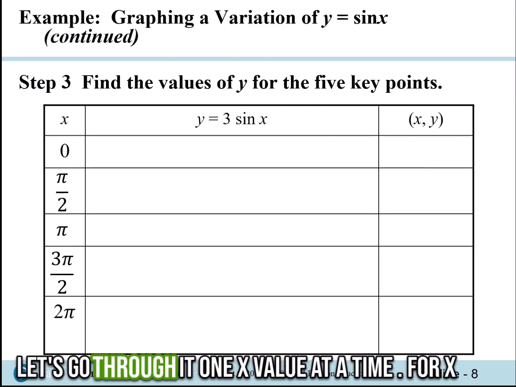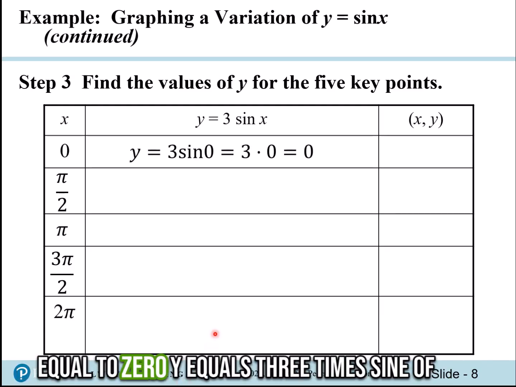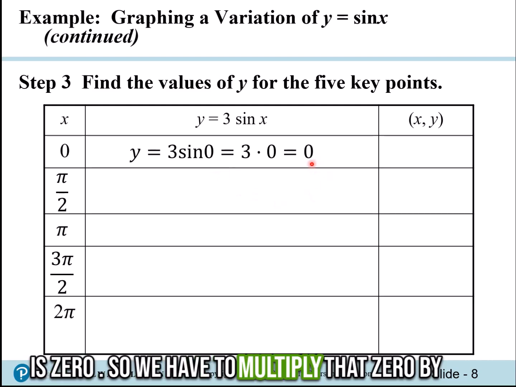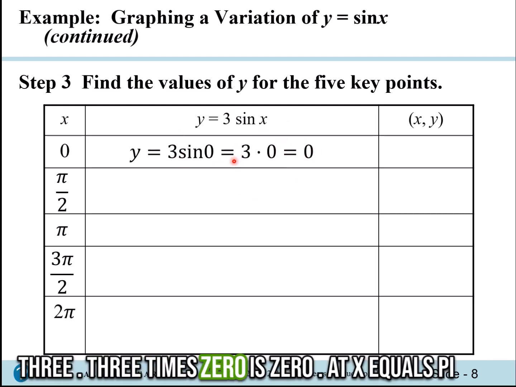So let's go through it one x value at a time. For x equal to 0, y equals 3 times sine of 0. When x is 0, sine of 0, the y value is 0. So we have to multiply that 0 by 3. 3 times 0 is 0.